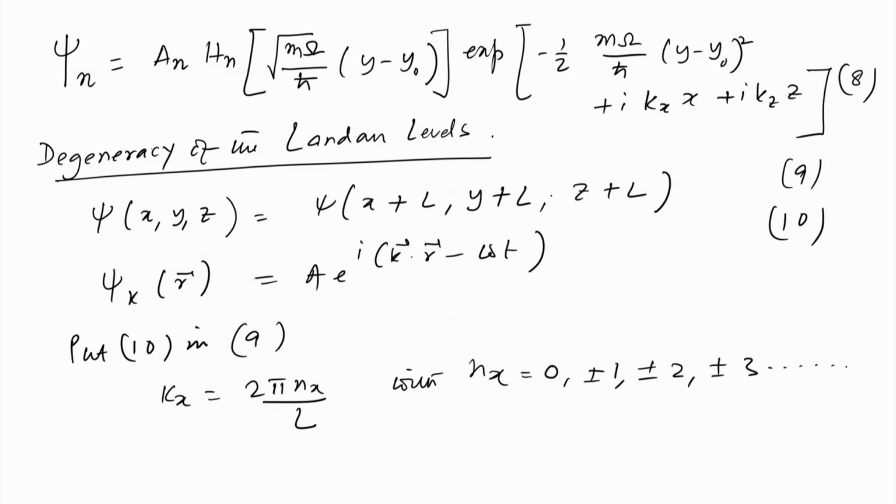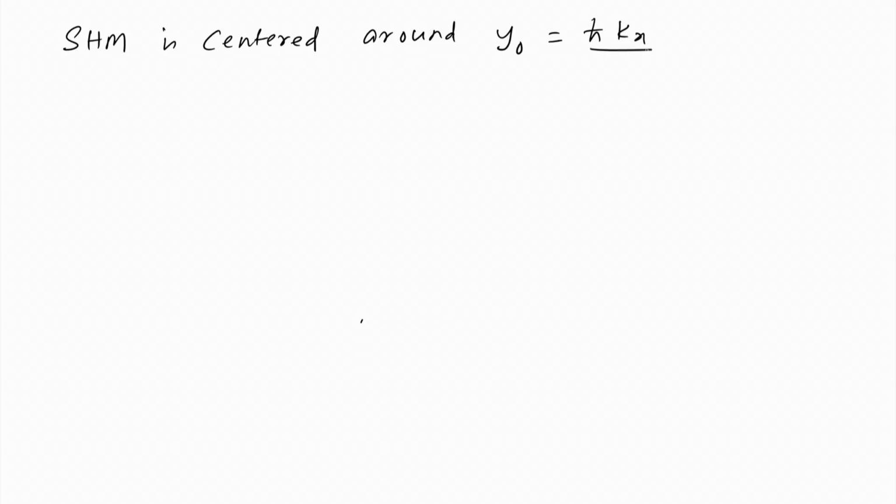So, the simple harmonic motion is centered around y 0 equal to h cross k x by E B.